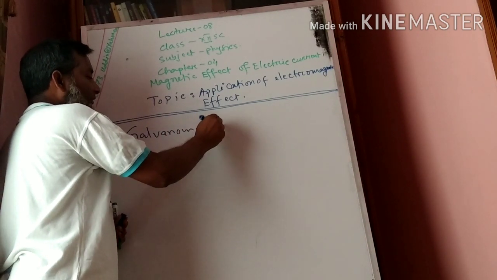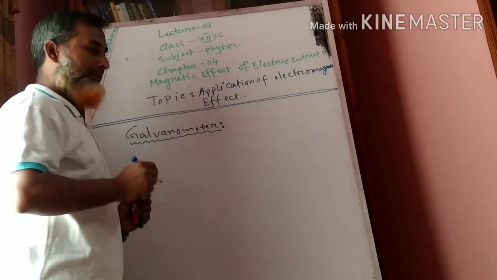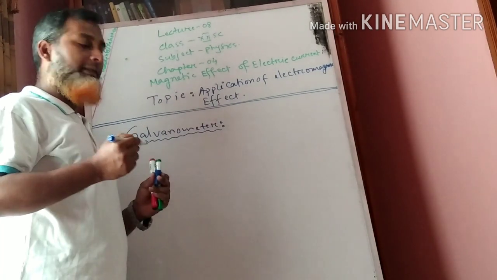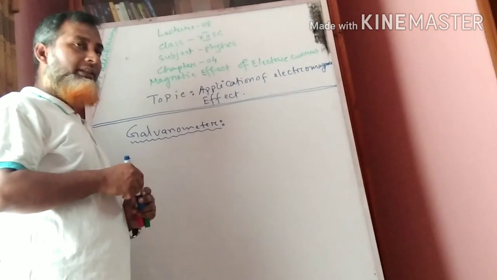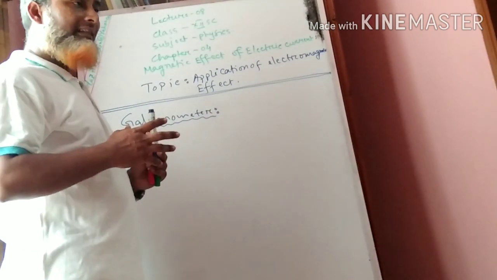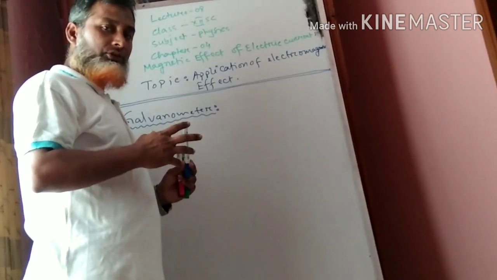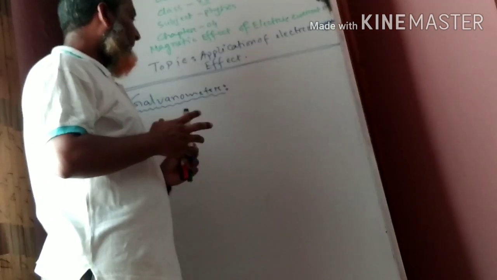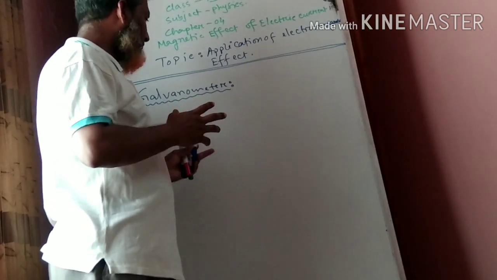Actually, a galvanometer is a very sensitive electrical device which measures and also describes the existence of electricity in any substance. In a galvanometer there is a permanent magnet having a north pole and a south pole, and there is a magnetic coil. When electricity passes through a coil, it produces a magnetic field, and due to these two magnetic fields an interaction occurs between them.